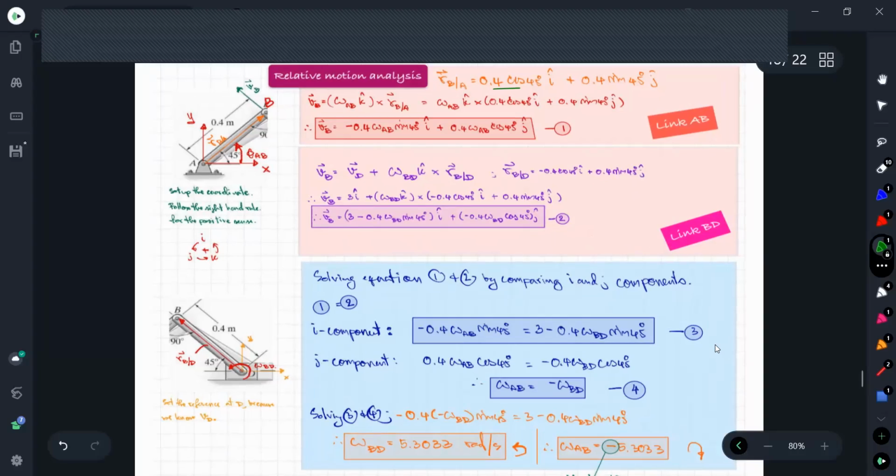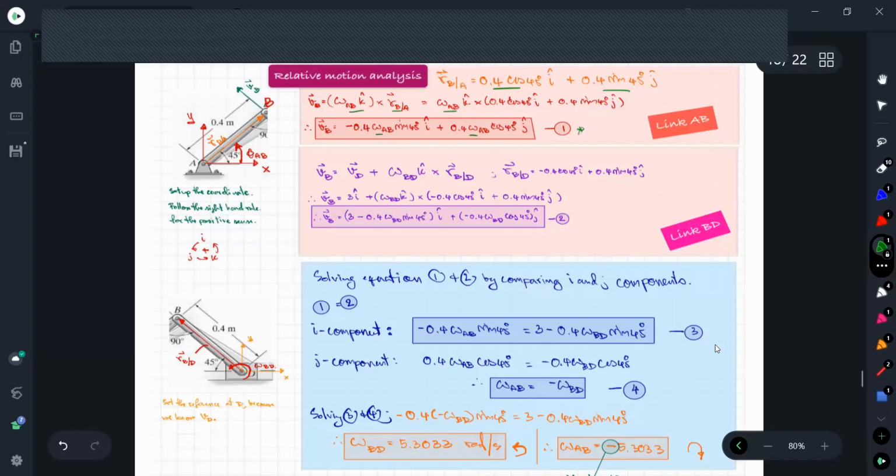We know RB sub A becomes this here, and VB, because it's rotation about a fixed axis, is equal to omega AB vector cross product with RB sub A. Omega AB in vector form is omega AB k. After we do the cross product, we have this equation.